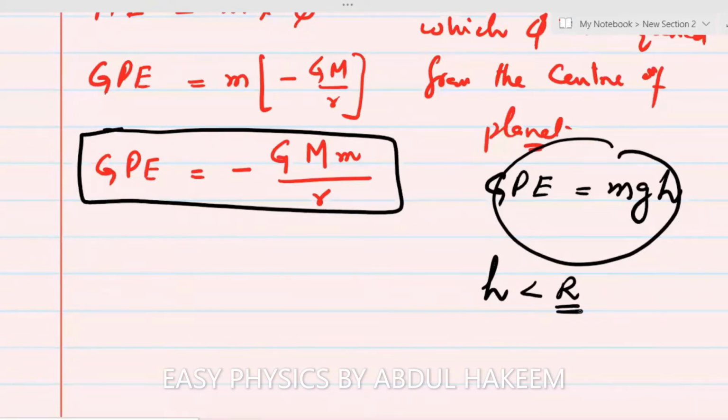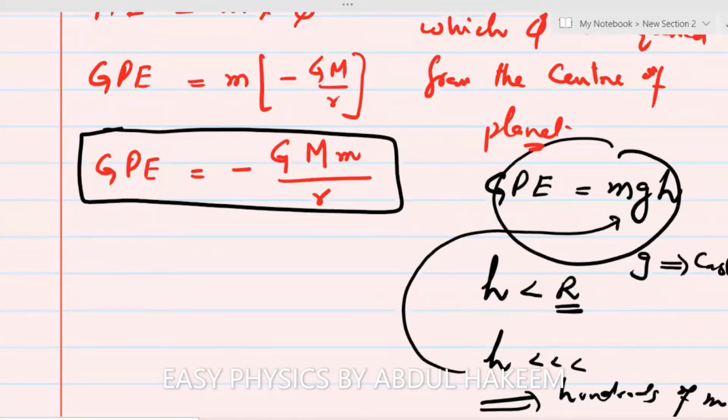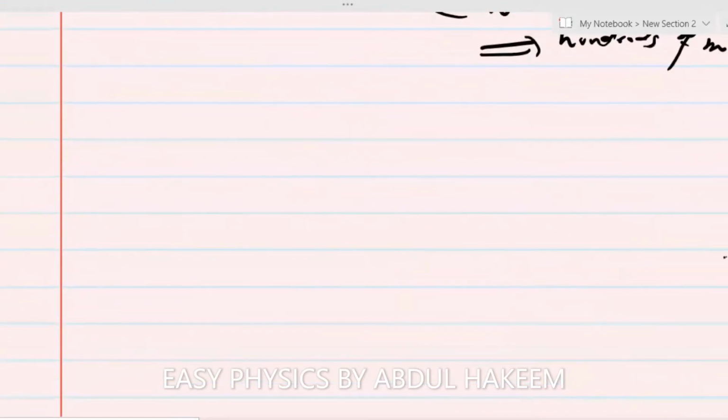अगर आपके पास हाइट जो मूव की है वो रेडियस ऑफ प्लैनेट से छोटी है, आप सिंपली कह सकते हैं, इफ द हाइट इज वेरी स्मॉल, कितनी? थोड़ी सी, हंड्रेड्स ऑफ मीटर्स, तो उसके अंदर अप्रोक्सीमेटली ये जो g होता है इतना चेंज नहीं होता, ये कंसिडर करते हैं हम बेटा कांस्टेंट.